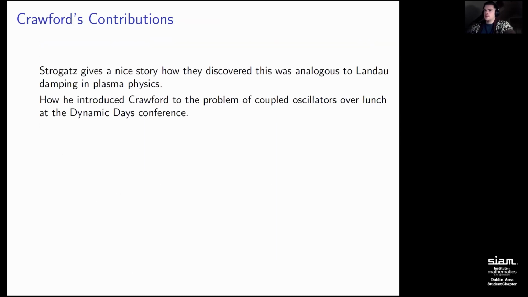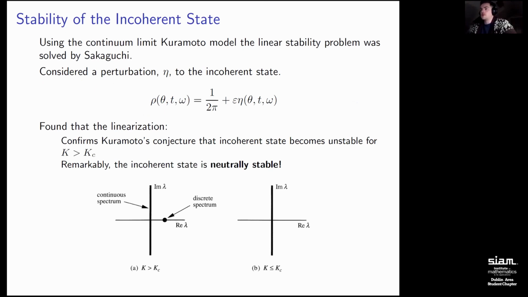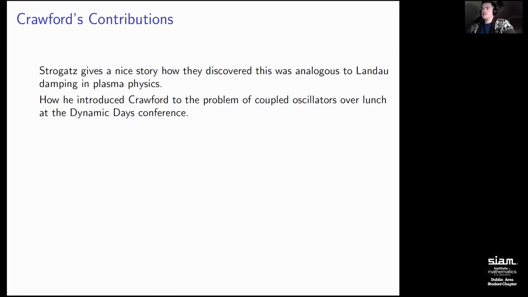Well, actually, sorry, this is where Crawford comes in. Crawford was able to take the work from there and add a lot of understanding. The stability work here is all linear stability, essentially eigenvalues of matrices. He was able to extend it to weakly nonlinear at the transition point.